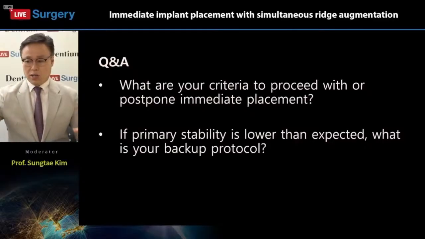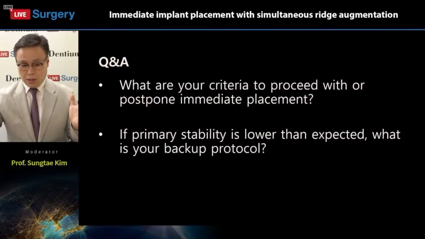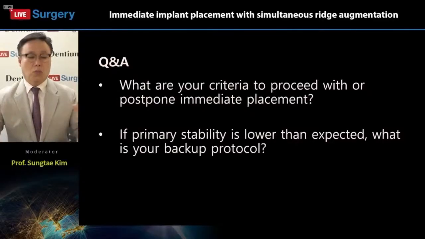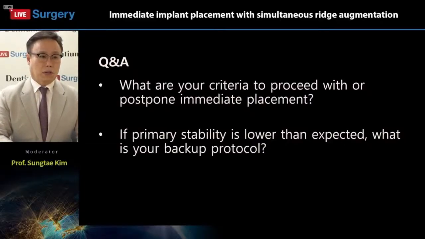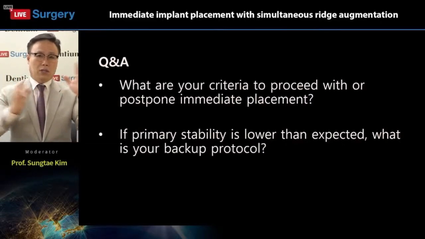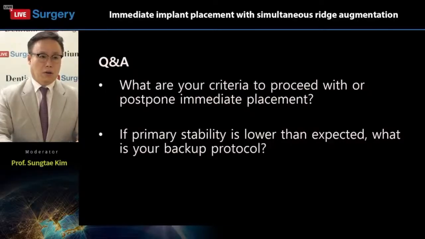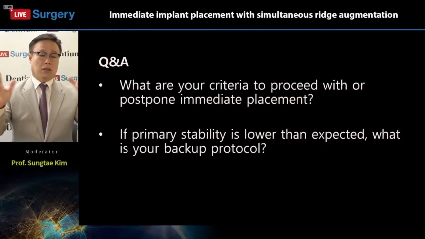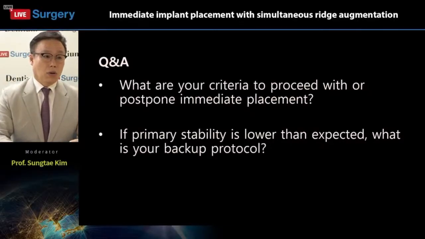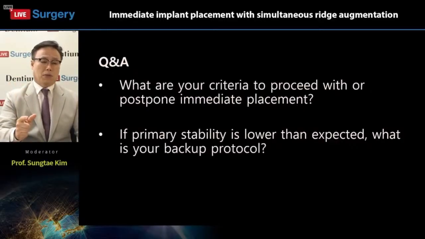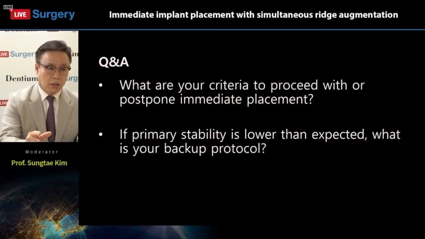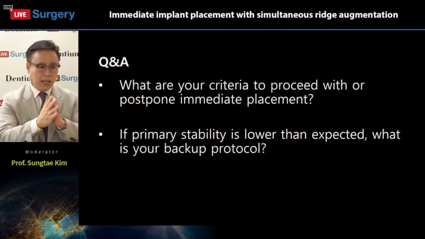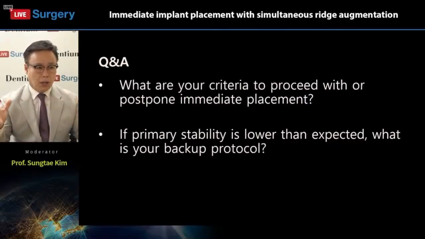Once you finish the three different sequences, there's no more chance for changing the location, changing the axis, or changing whatever. So if you lose the primary stability on the posterior tooth area, there's one best way. You can increase the size of the implant.